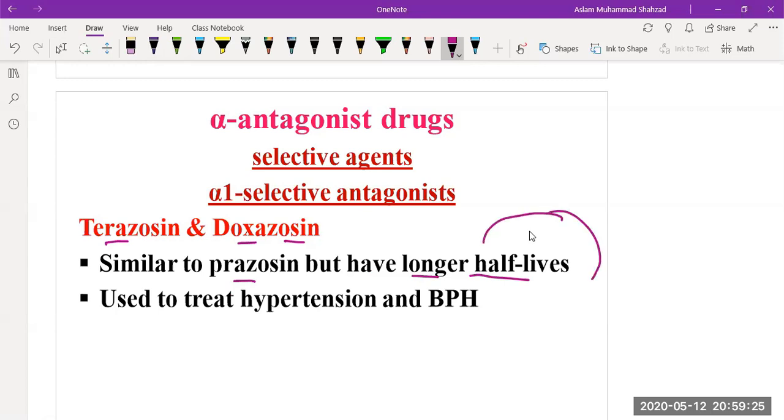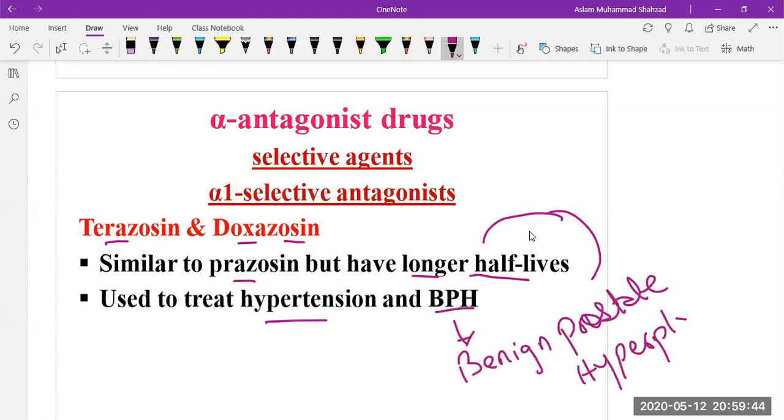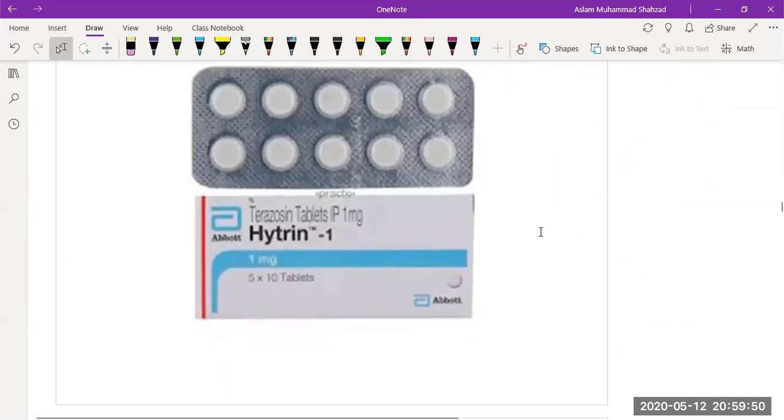It is also used for the treatment of hypertension and BPH, which is known as benign prostate hyperplasia. The drug that is available in the market, terazosin, comes under the brand name Hytrin, produced by Abbott, with 1 milligram tablets available in the market.